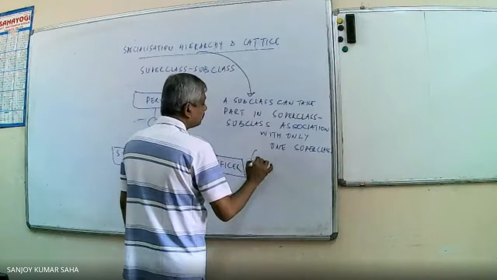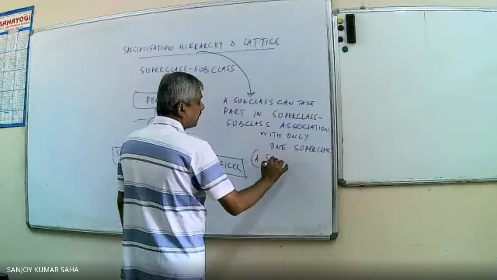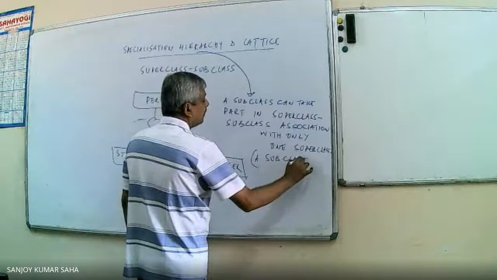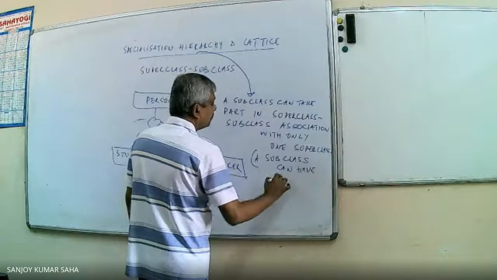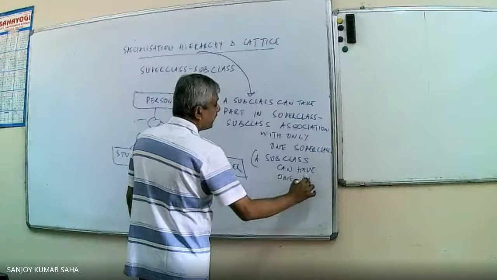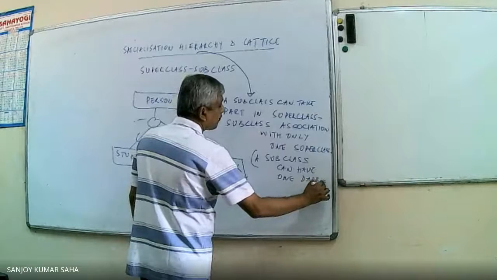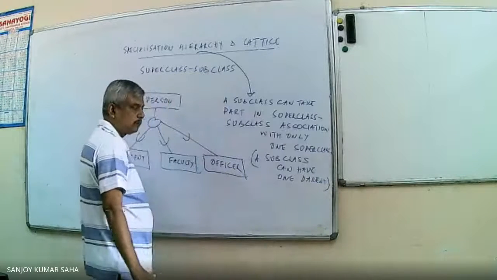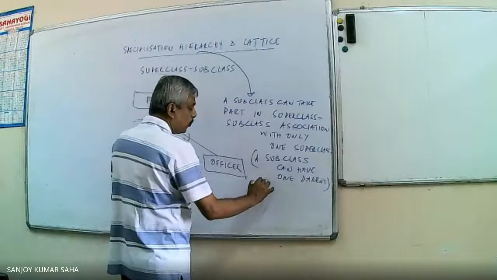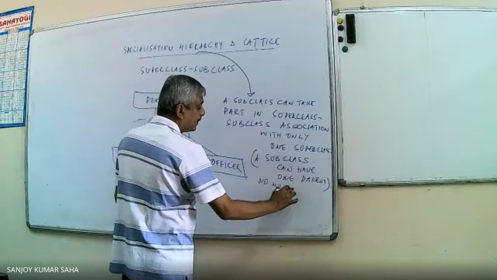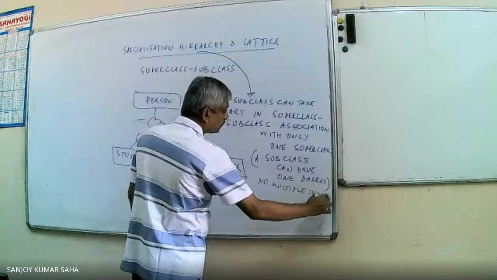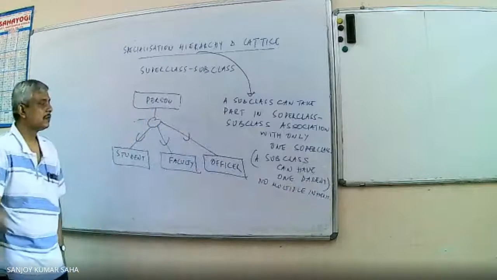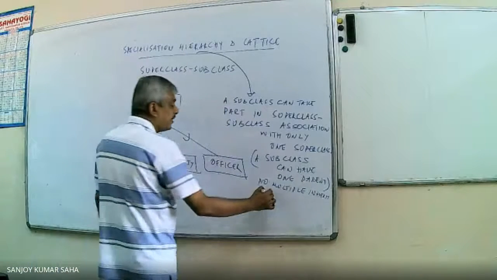So basically, a subclass can have one parent or one superclass. So basically, no multiple inheritance. So it's a tree kind of thing.